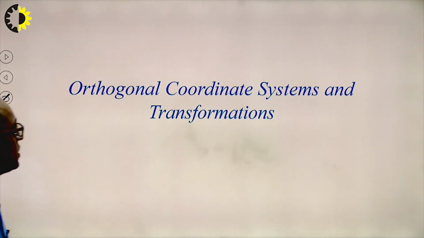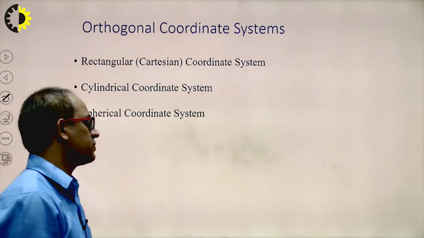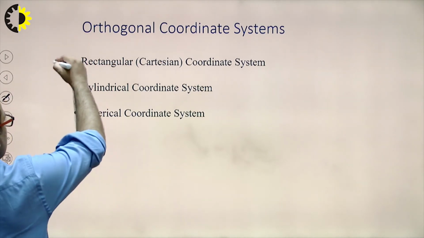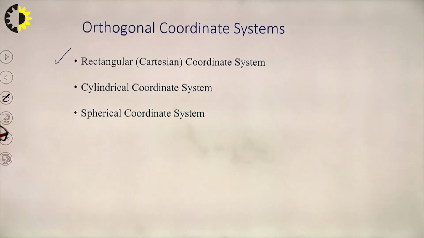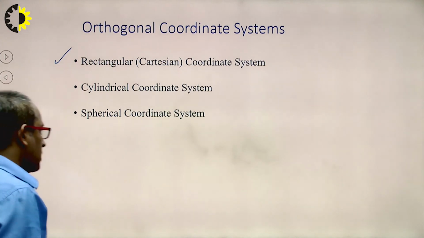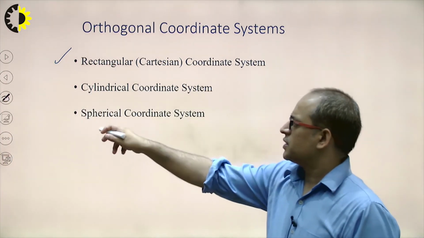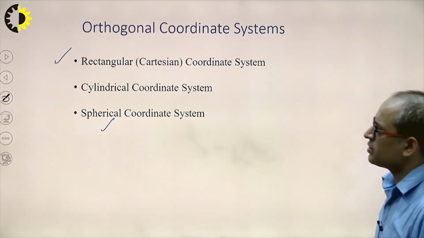Now next one is the orthogonal coordinate system and transformation. There are three types of coordinate system. First we will talk about the rectangular coordinate system, another one is the cylindrical coordinate system, and third one is the spherical coordinate system.